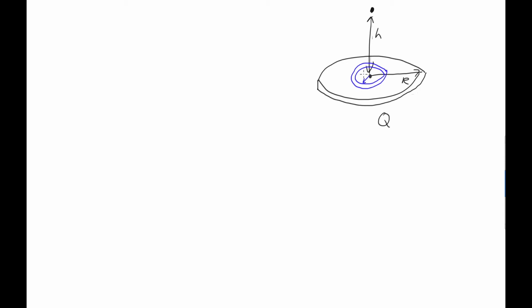And we'll let this ring have a radius r, and it's got a width which is given by dr. So this was kind of hinted at in the question because it told us what the voltage of a ring was. So the voltage of a ring is equal to kq over the square root of r squared plus h squared, where q is the charge on the ring.